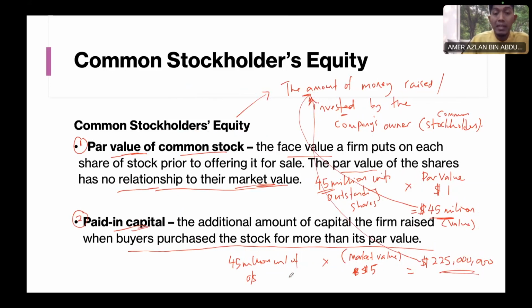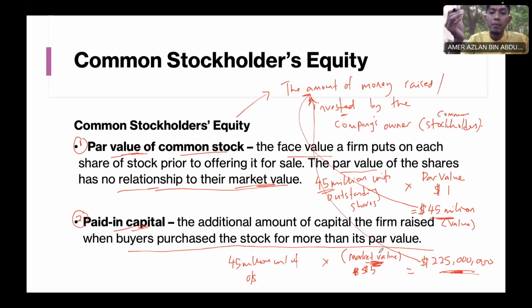So paid-in capital again is the capital raised from investors who bought the shares at the market value and not at par value. This is the capital raised from the market value in the stock exchange.